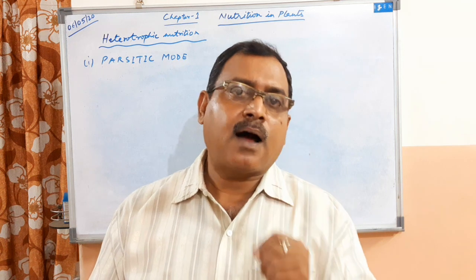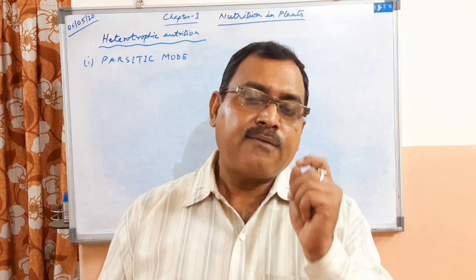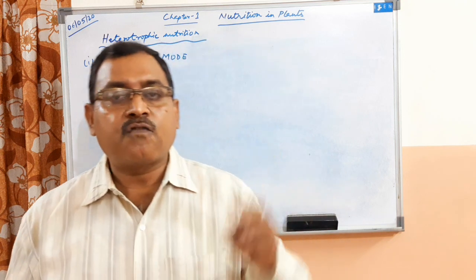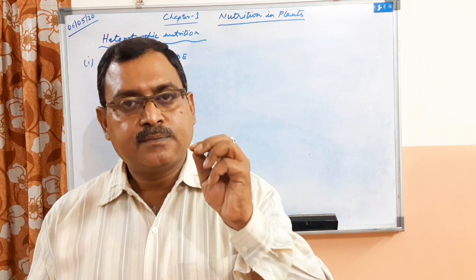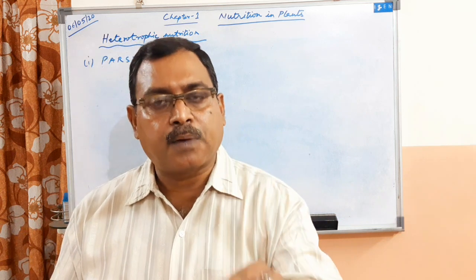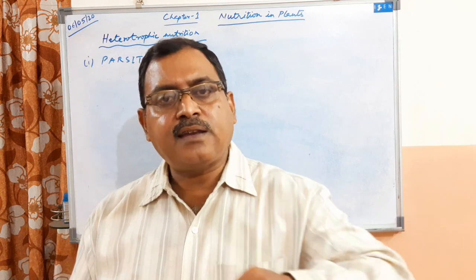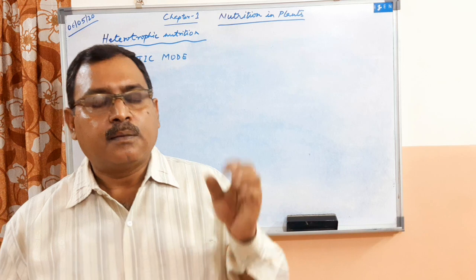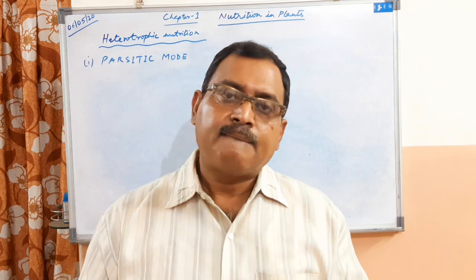Now, parasitic plants have a special type of root which is capable of penetrating the body of the host plant, reaches right up to the phloem and then absorbs minerals and food from the host plant.